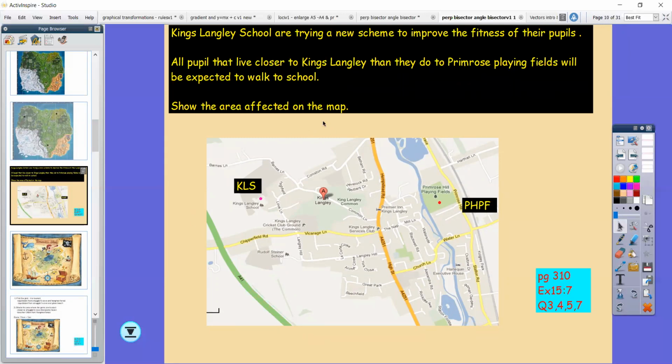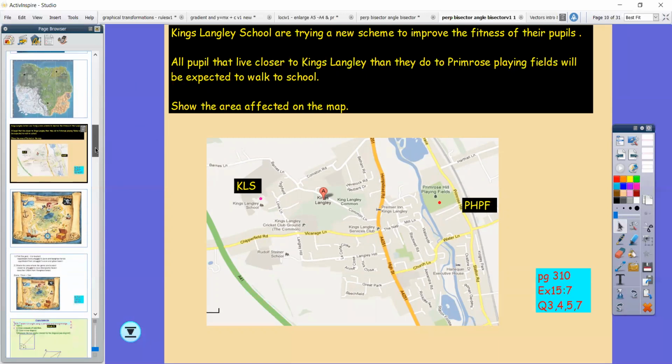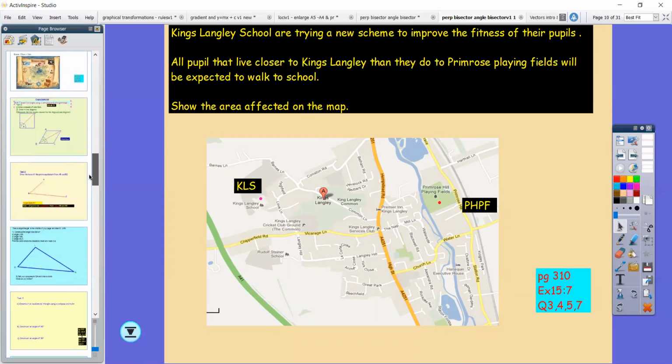So they're going to have to think, what does that mean, closer to? So this is a little subtle difference, isn't it? A subtle adjustment to that perpendicular bisector question, because before they decide who lives closer, they need to find the boundary, the equidistant line between points that lie equidistant from Primrose Hill and Kings Langley. And you can do your own school map with this. It's quite easy to get off Google Maps or whatever website you use for that.